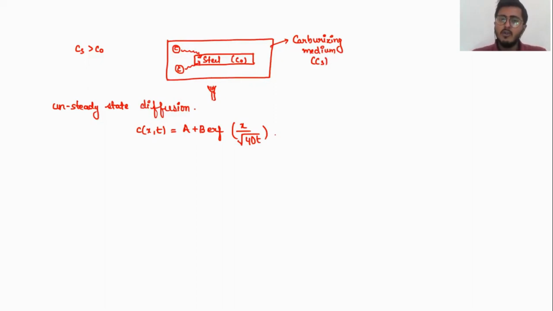Now, in order to do so, we need two different conditions. We have two different variables, so two different constants, and we need two different conditions for that. Our very first condition will be the boundary condition that is occurring at the boundary. So this side is your carburizing medium, and this side is your steel component.